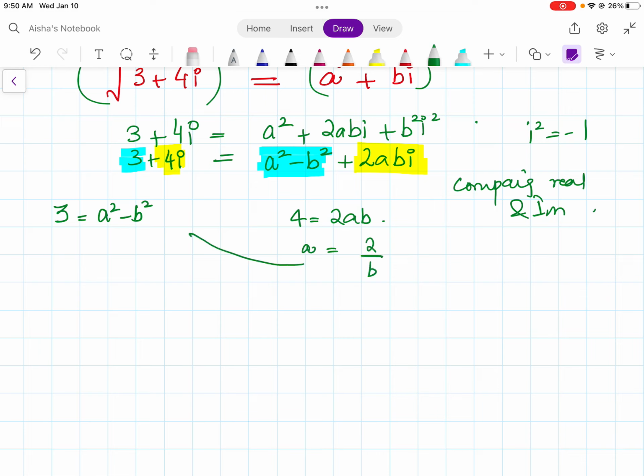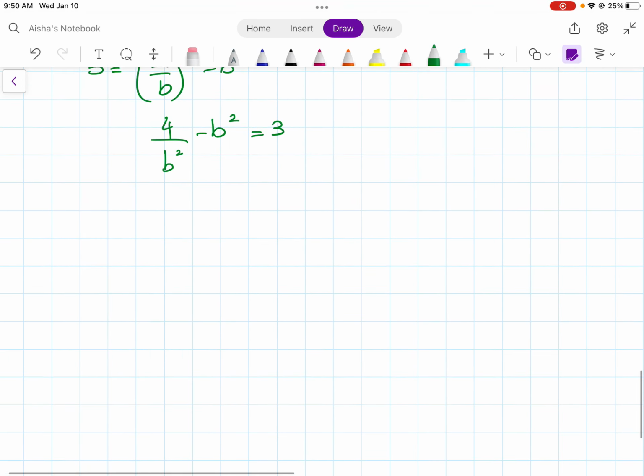Plug it in. Take the LCM. Solve the equation. I'm not showing the working of solving the quadratic equation because it's pretty simple.